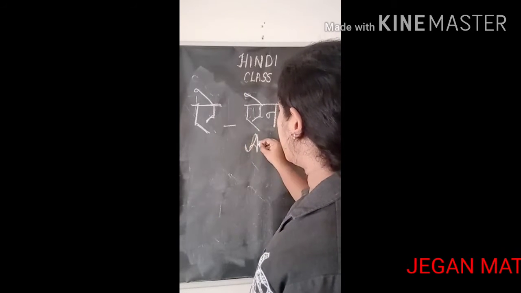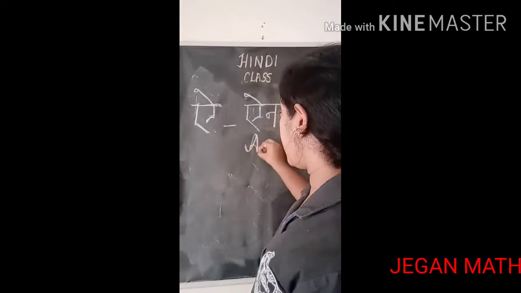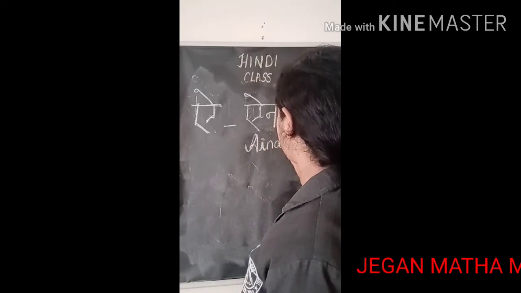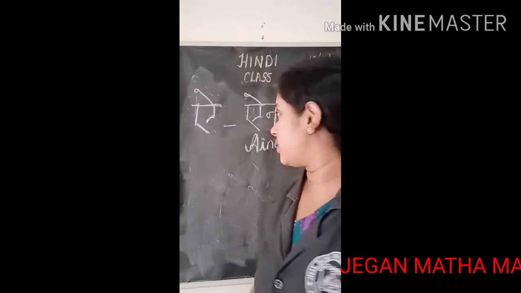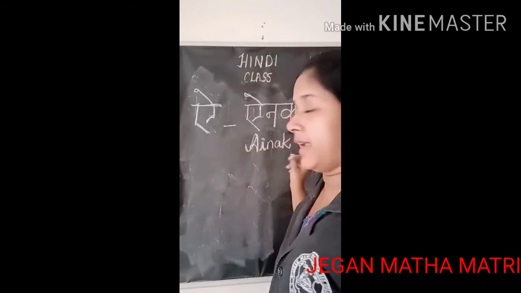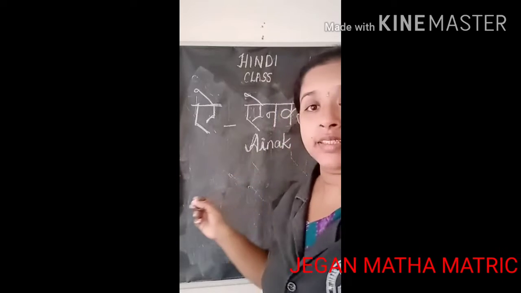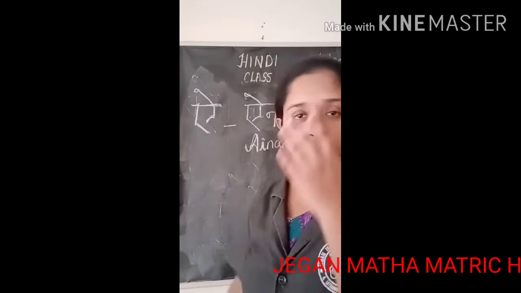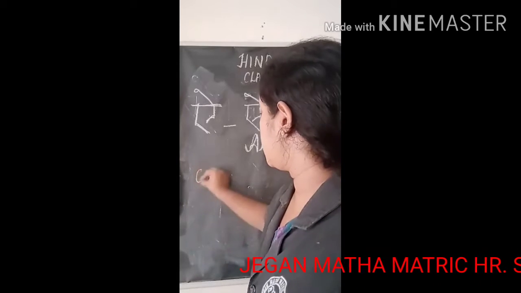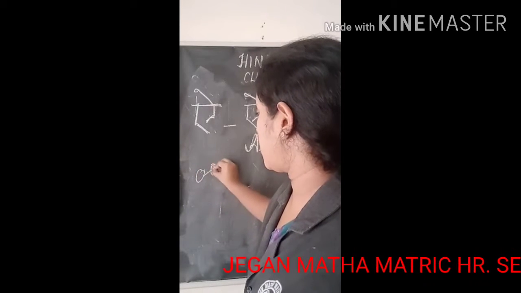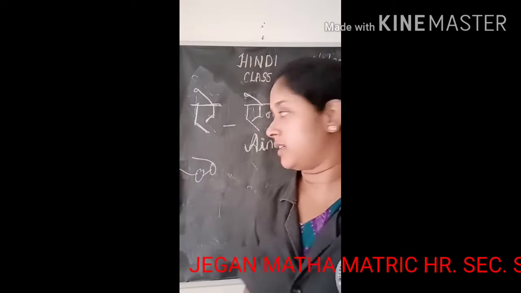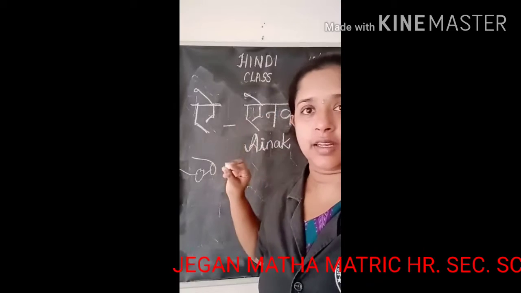We denote I as AI in English, right? Ainak. To understand better, I have written it in English also. Ainak means spectacles, mugu kannadi, as we know. Let me draw a small picture of ainak. So I say ainak.